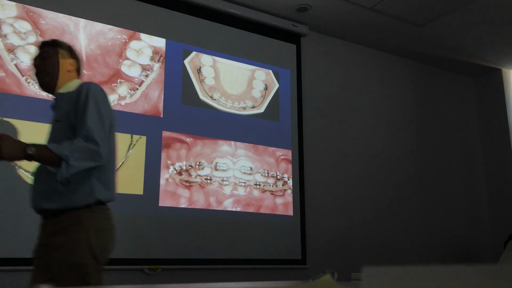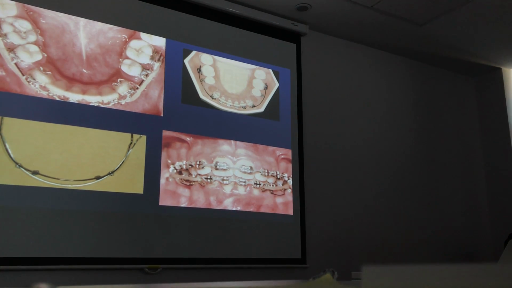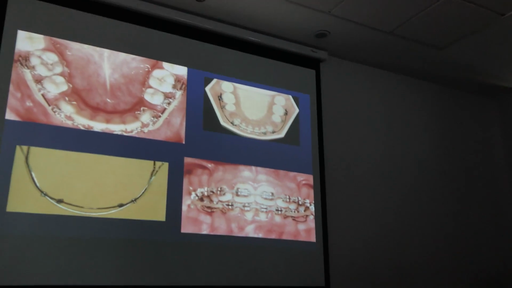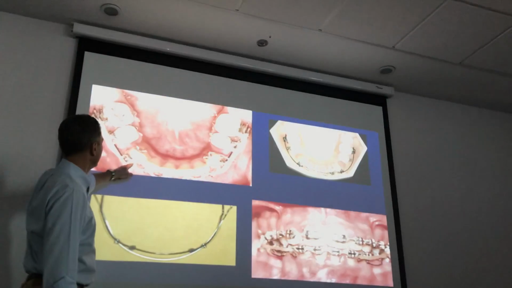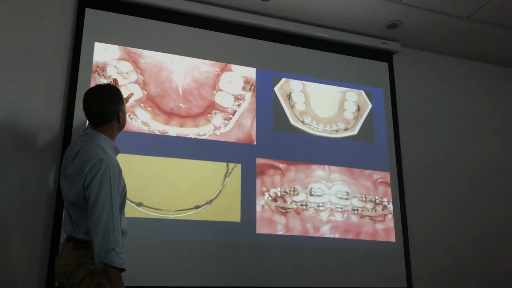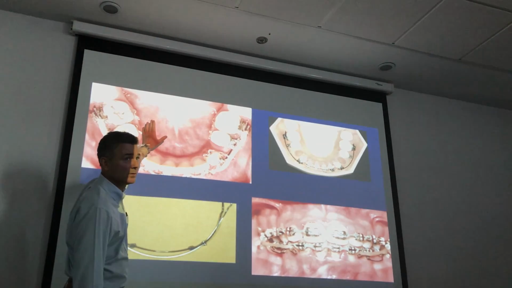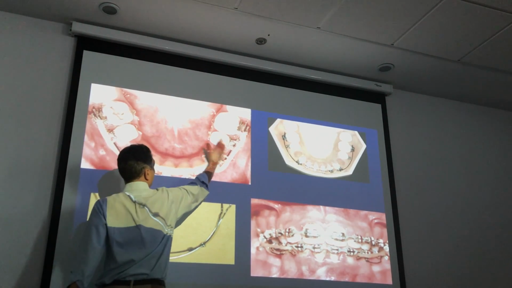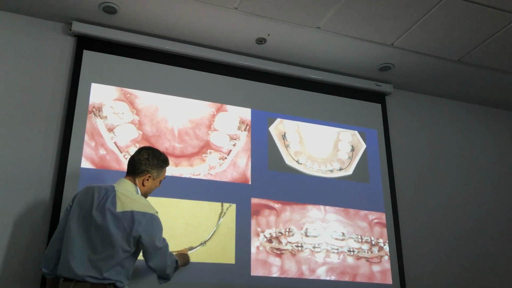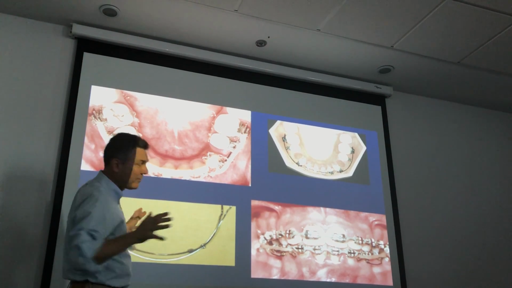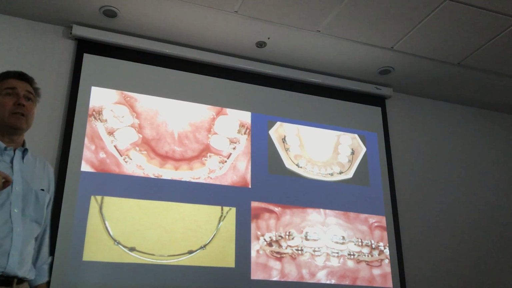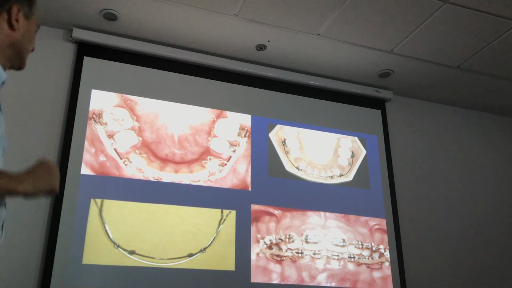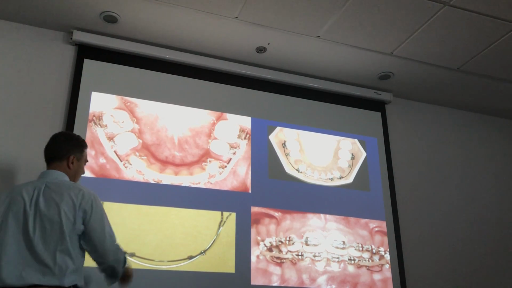Now, when we do something like that, you have to pay attention to the way you bend the wire. Because when you have a very strong force here, this area tends to collapse, and this area tends to collapse. So you do a small over-expansion of 2 millimeters on the premolar area, in the lower arch.